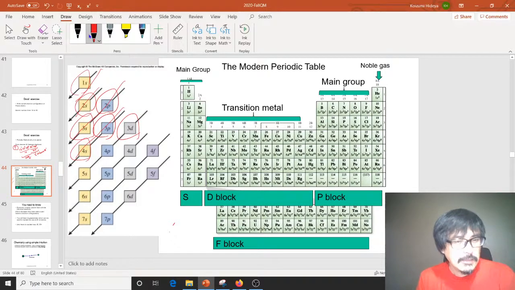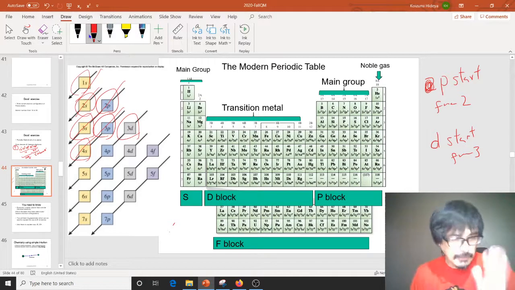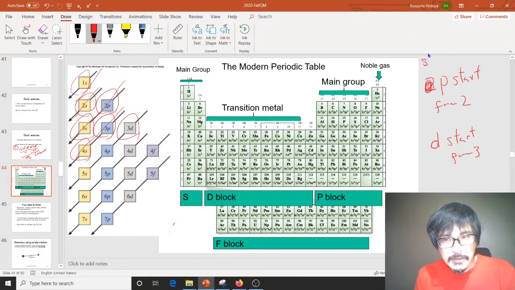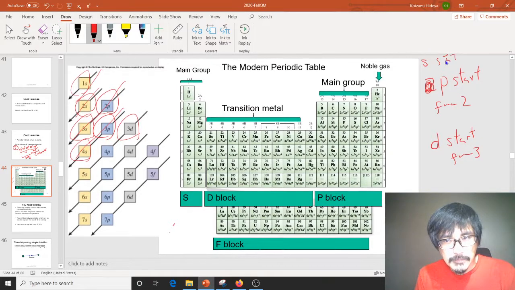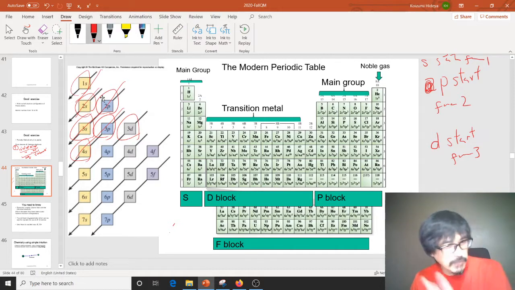The important things to remember are that p starts from 2, and the d orbital starts from 3, and s starts from 1. 1s, for example, starts from 1, and 2p really starts from 2: 2p, 3p, 4p, 5p, and so on.